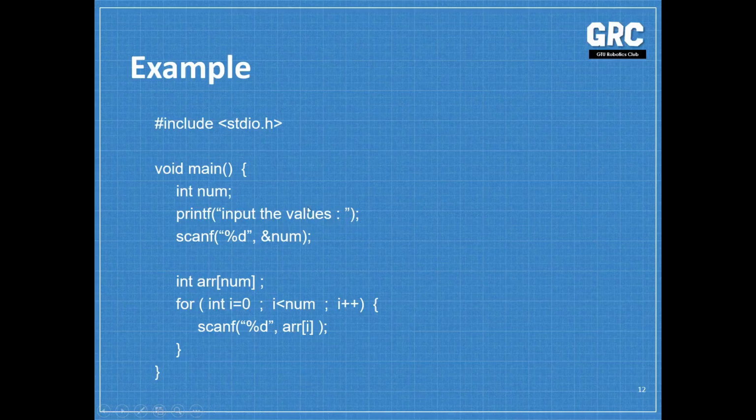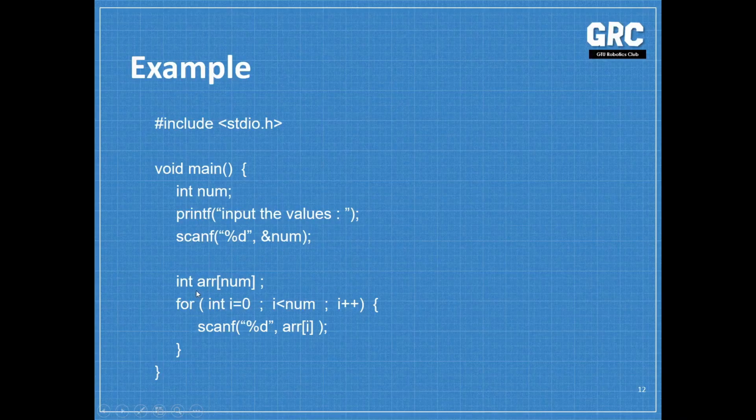Here we want the user to add a number of variables of his choice. So we declare an integer variable num and we print and input the values, and then the user will input the length of the array, or the number of values he wants to add.